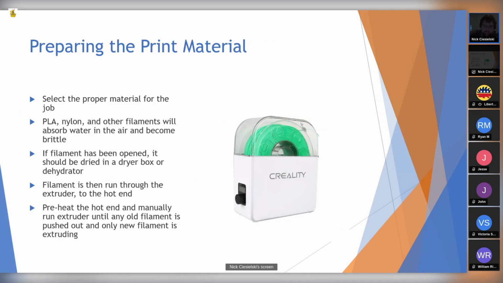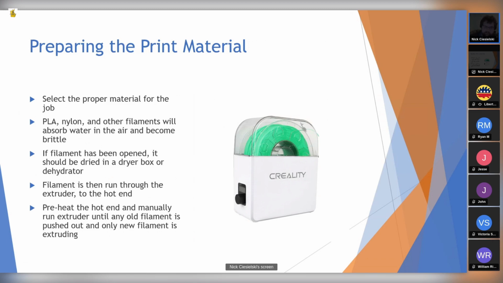Preparing the print materials. A lot of the materials, if they're coming straight out of the packaging, will be fine and ready to print. Certain things, PLAs, nylons, a lot of the other filament will just naturally absorb water from the air and become brittle. So they're not going to print as well.